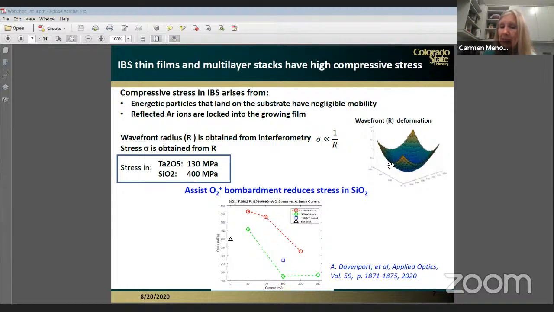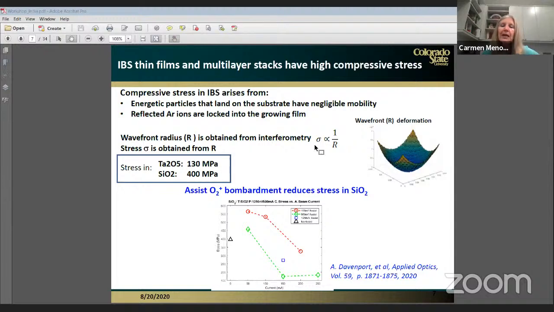So probably this is a film of silicon dioxide, in which the stress is about 400 megapascals. So we measure wavefront deformation, and then we use a formalism that was developed by a scientist or engineer named Stoney to relate the wavefront radius to the stress.